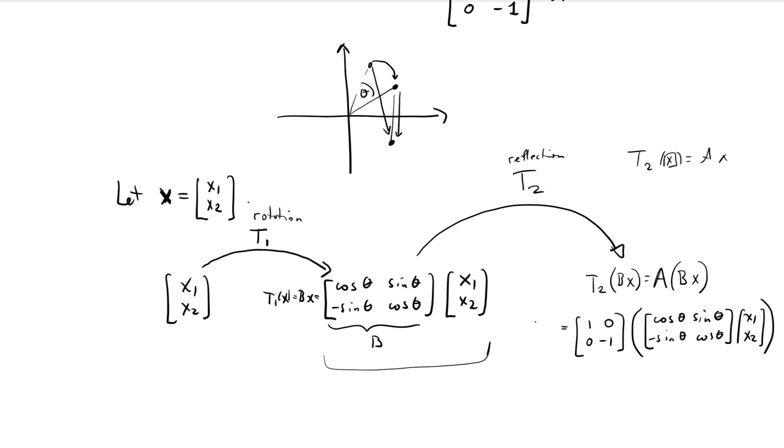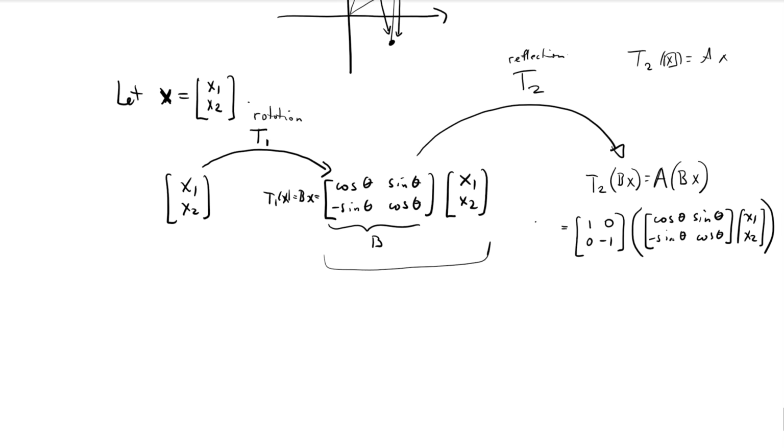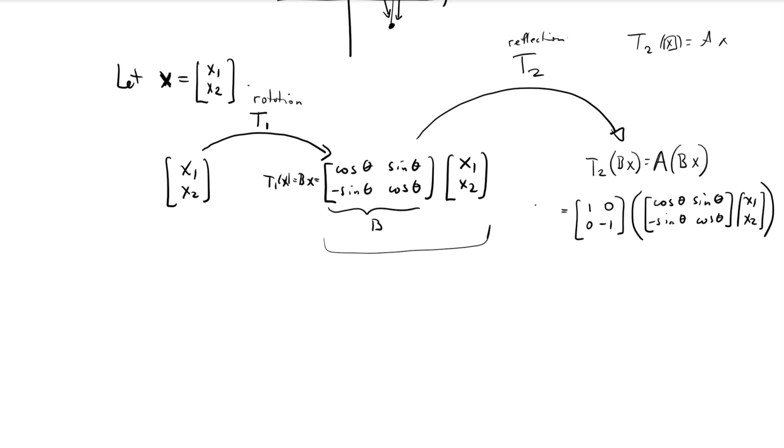That's what I'm going to get after composing those things together. Now I'm going to evaluate this. But before I do this, I want to explain where the matrix multiplication comes into play here, or how we're going to define matrix multiplication so that it becomes useful in this context.